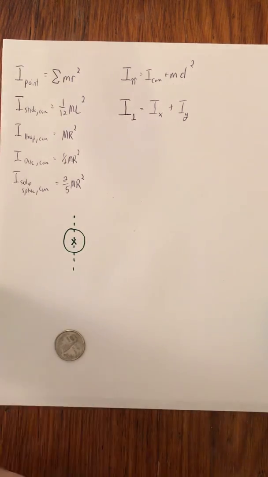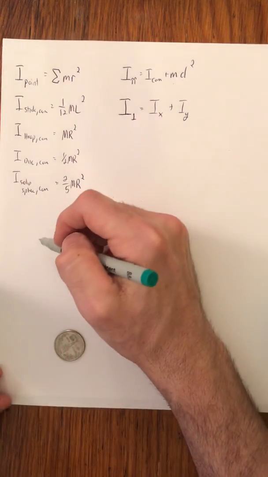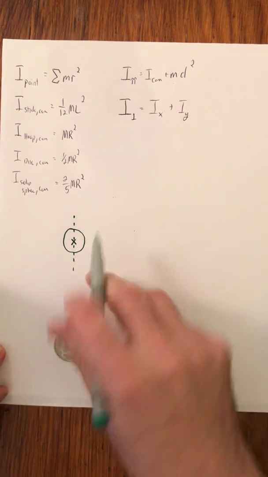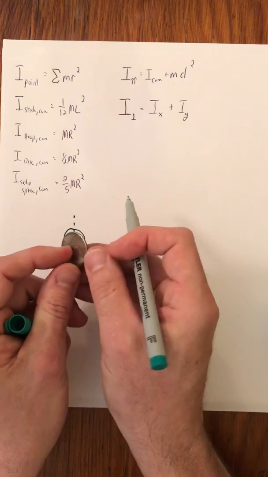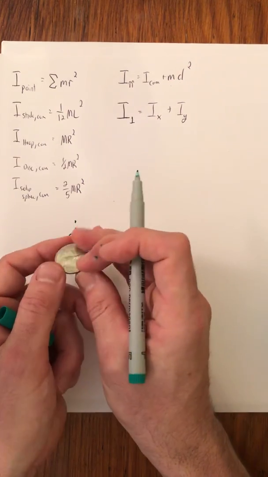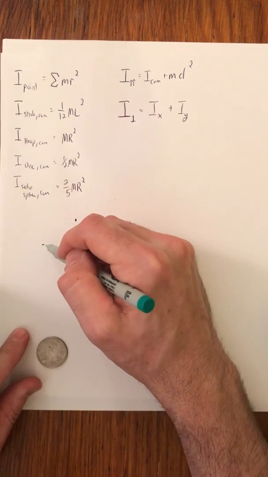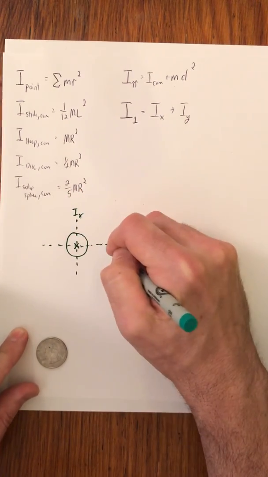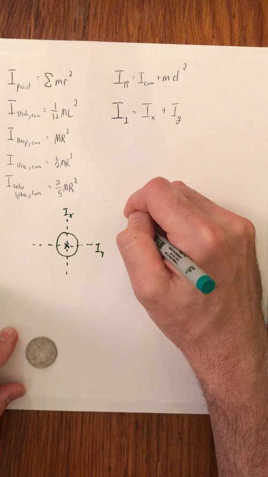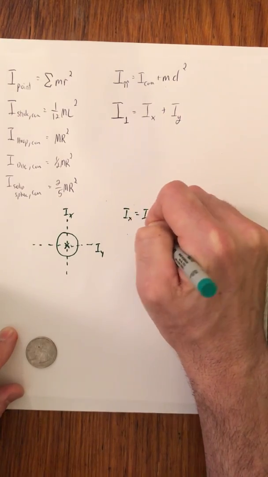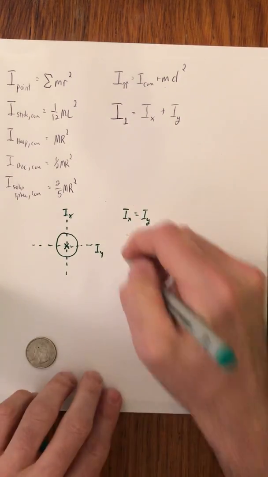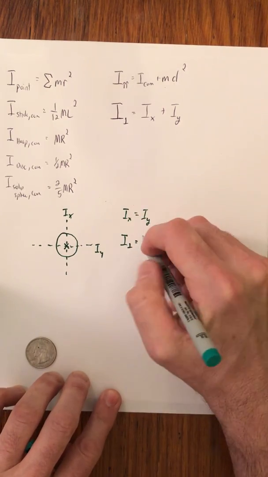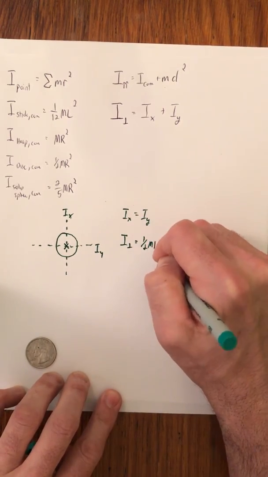So what we can use here is the perpendicular axis theorem, because if I rotate the coin about that axis, that's like this, that would be identical to rotating it about that axis, which I also don't know, right? So here's my Ix and here's my Iy. The thing is, Ix is going to equal Iy because of symmetry, but I know that my I perpendicular here is going to equal 1/2 mr squared.